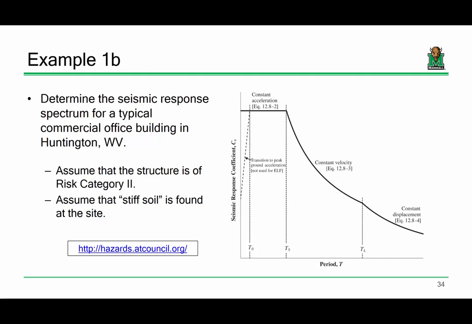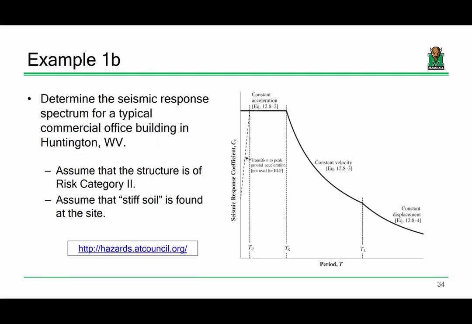What's on the x-axis is what's called the building's period. I'm going to talk about building periods in a second. But basically, for now, the building period is just a unique characteristic of a structure. Based on that characteristic, whether we have short or long periods, it changes the accelerations that we have to deal with. Now, those accelerations are a function of where we're at in the country.